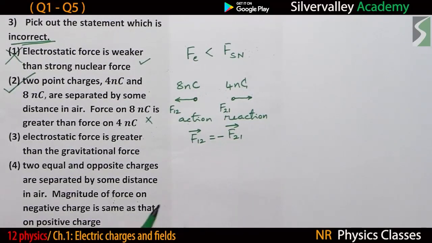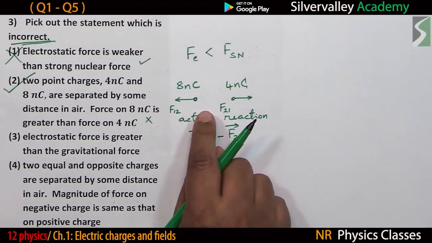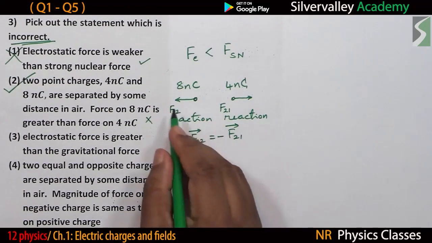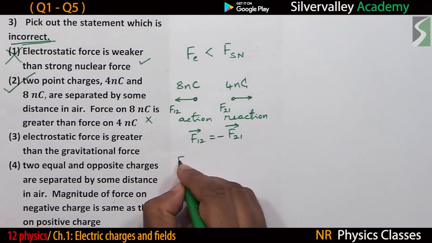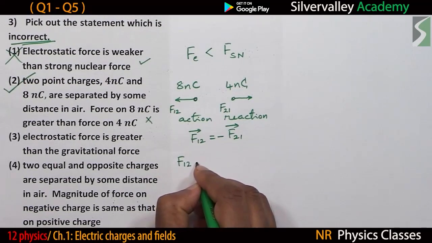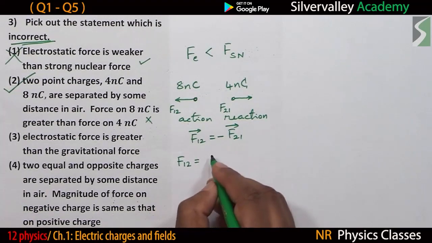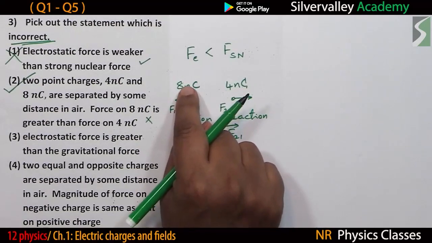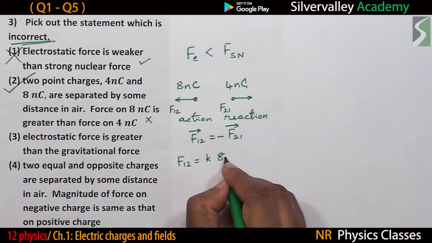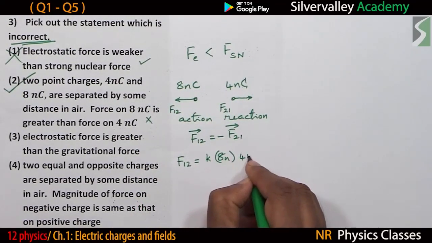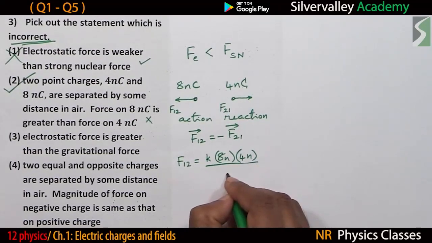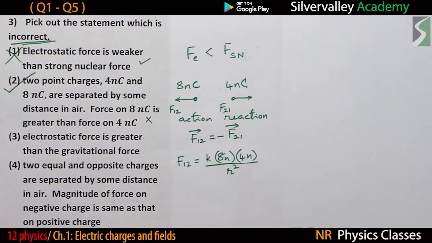Okay. If it is not clear to you, let me explain a little bit. Let us find the force on the first charge due to the second. Coulomb's law: constant, product of the charges 8 nano, 4 nano, by r square, isn't it?